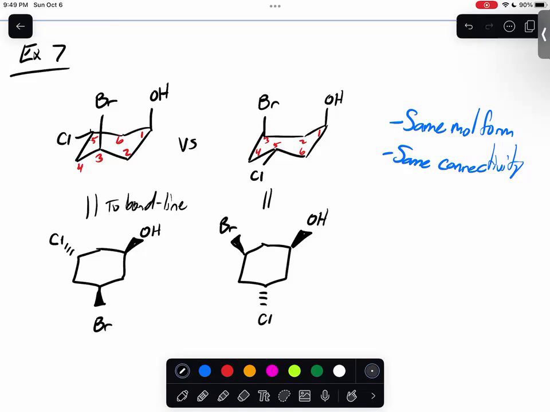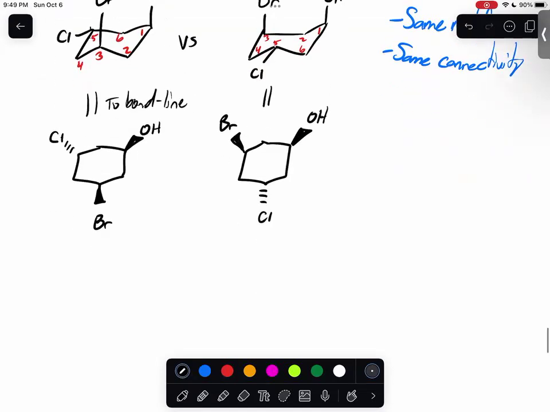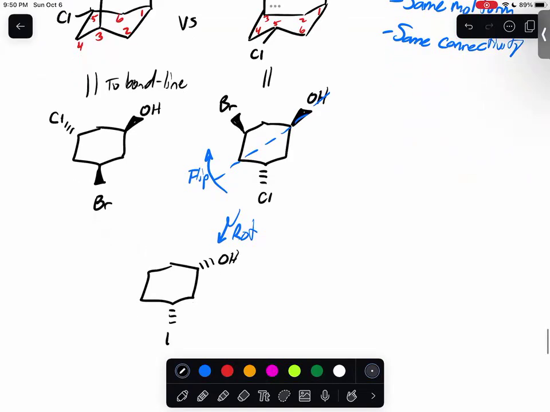Now it may become a little bit more obvious looking at this, right? We can't just compare these two directly one to one because they're in different orientations. If we wanted to actually compare these, we could flip this one across that axis, and that flip will essentially put it into the same orientation as the original starting molecule, the one on the left.